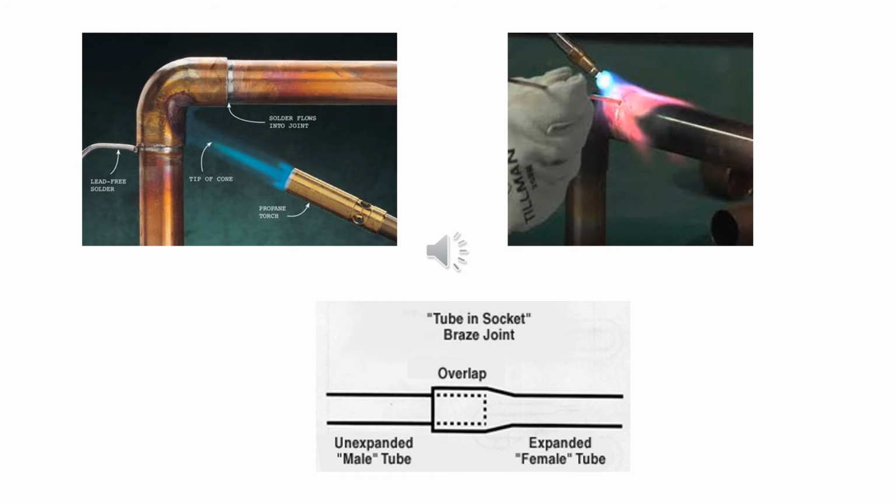Therefore, a BCuP brazing alloy is primarily a copper phosphorus brazing alloy that may contain from 0% to 30% silver. BAg alloy, where the B stands for brazing and Ag is the chemical symbol for silver. While there are other elements found in BAg alloys besides silver, the majority of BAg alloys may contain silver content of anywhere between 24% and 93%.